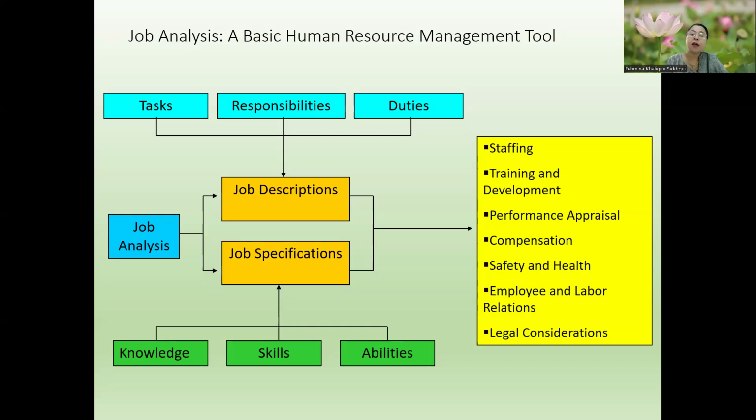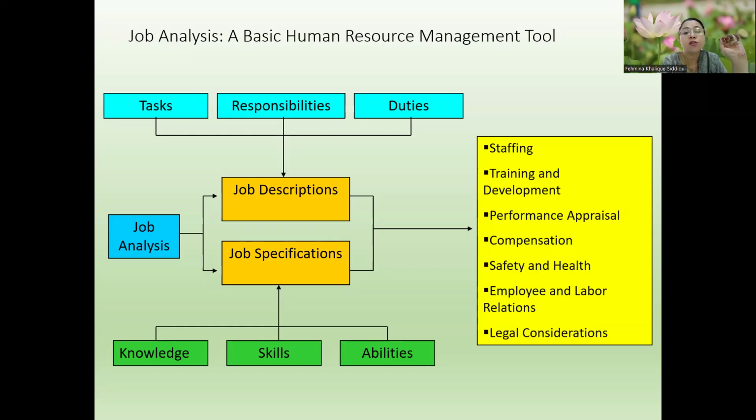So job analysis, again, to put you in a gist, is comprised of job description and job specification. Job description comprises task, responsibilities, and duties, while job specification comprises knowledge, skills, and abilities. And all these help in staffing, training and development, performance appraisal, compensation, safety and health, employee and labor relations, and legal considerations.